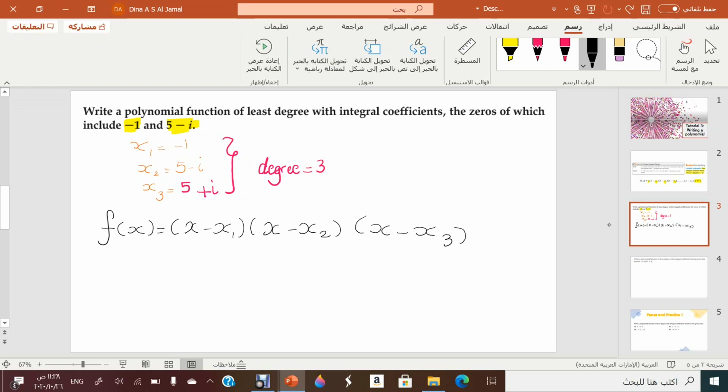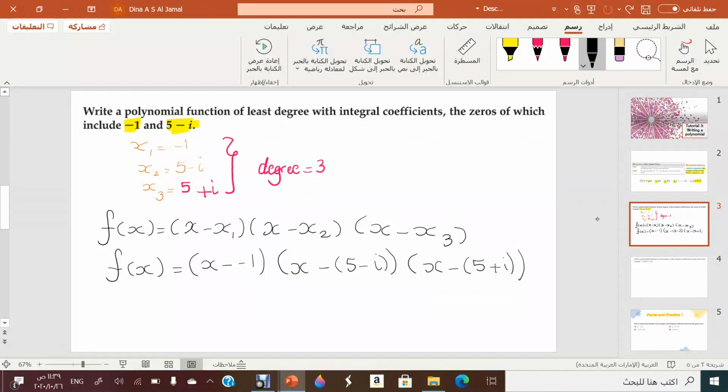So let's substitute together. f of x equals x minus 1. We will replace this later. x minus 5 minus i, then x minus 5 plus i.